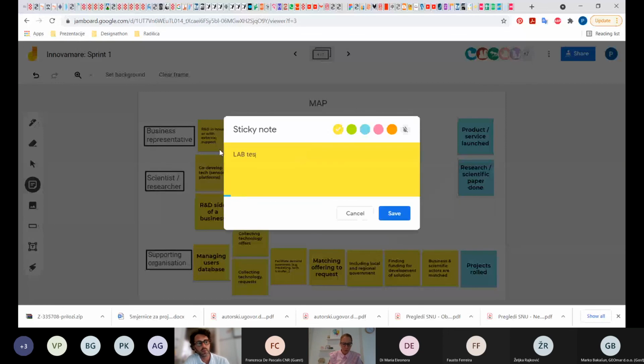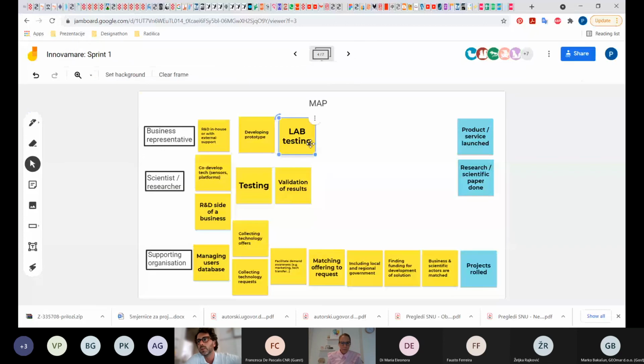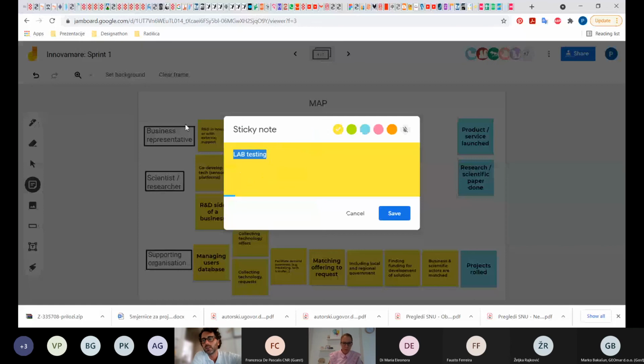And then, when there is a scale-up process that is somehow driving towards a sort of production process.